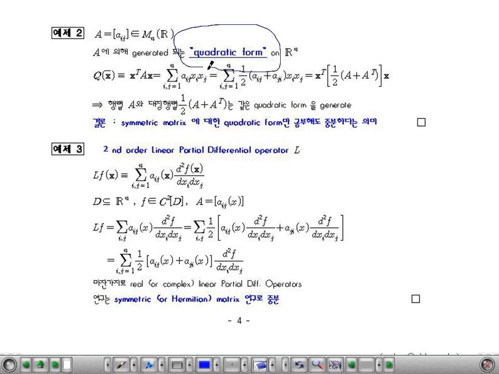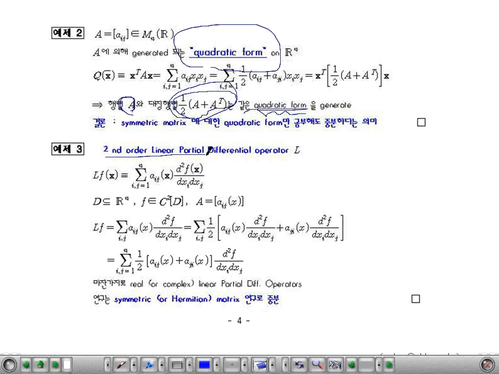Quadratic form is also a major part of the research on Hermitian matrices, because the research on A and the research on the symmetric matrix 1/2 of (A plus A transpose) give the same information for the quadratic forms. So we only need to study this symmetric matrix instead of A when we deal with quadratic forms. That's why we only care about symmetric matrices in the research of quadratic forms.